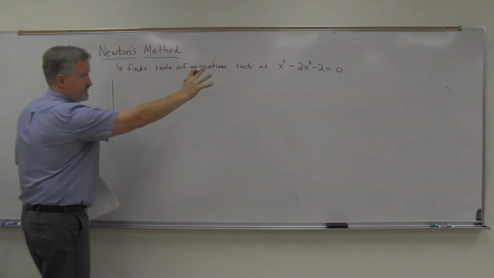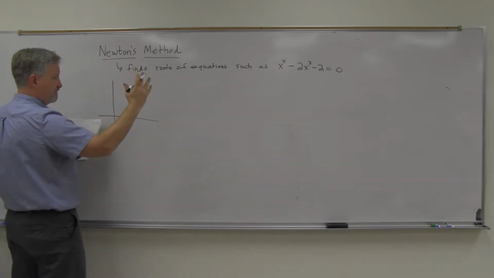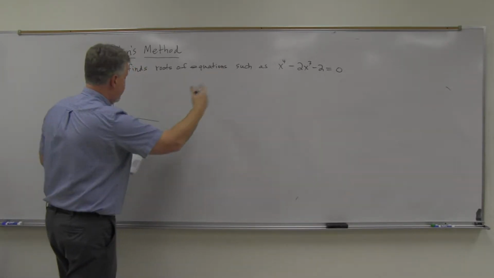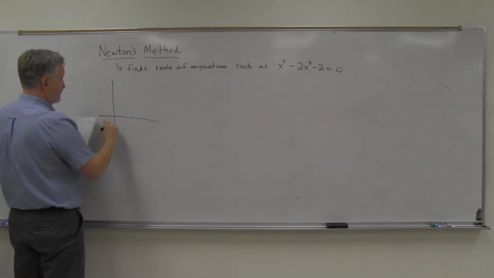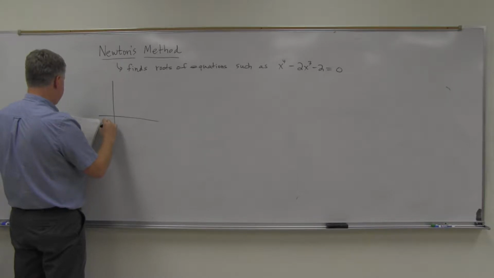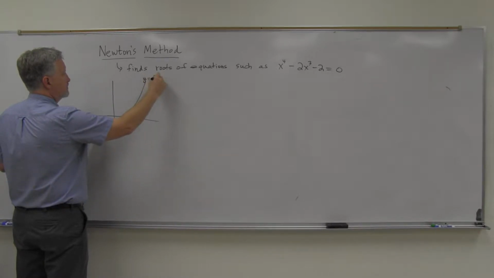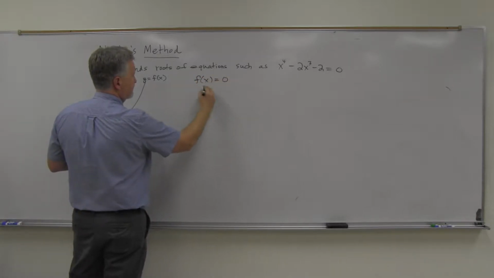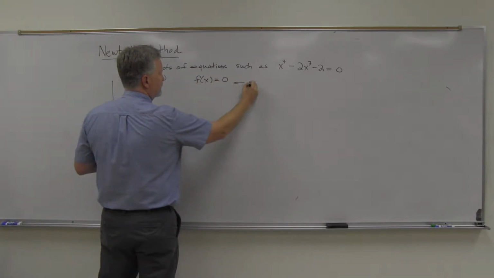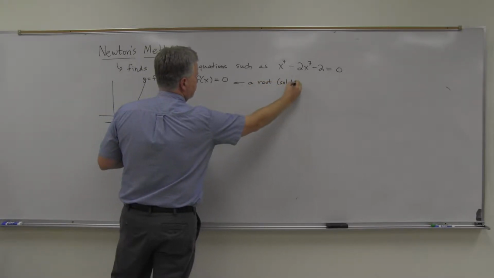So if I graph this function, call this one f of x, not that one, and I've got f of x equals 0, and I'm trying to find a root or a solution to that equation.